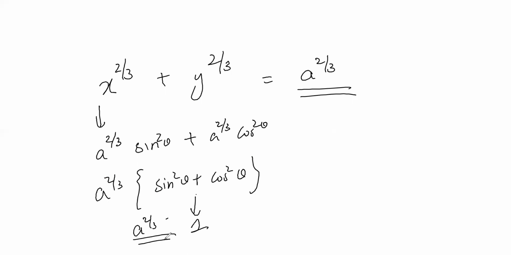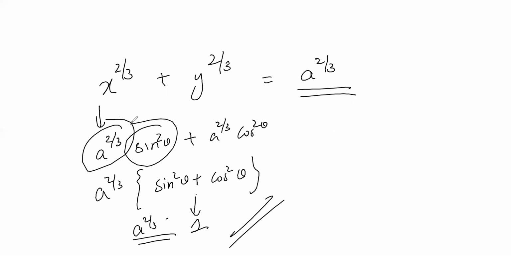Correct? I have to get into this form. So what will I substitute? I need a power 2 by 3. I need sin square theta. Suppose I am putting x is equal to a sin theta whole power 2 by 3. Then what will I get?